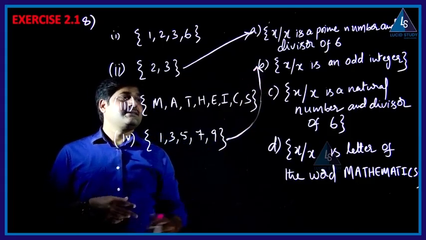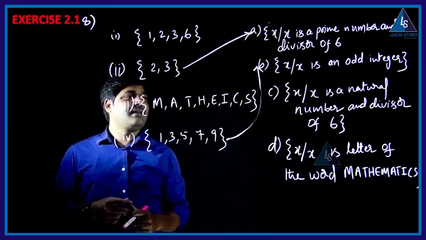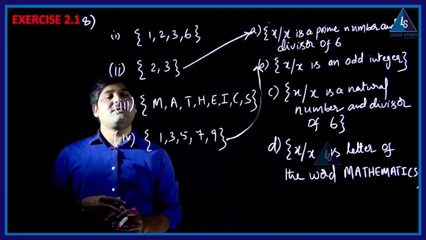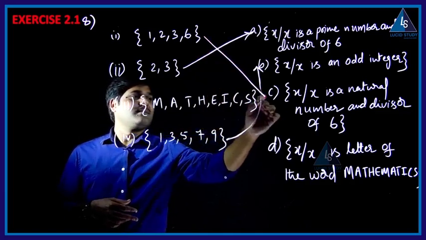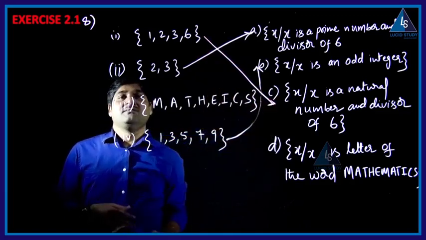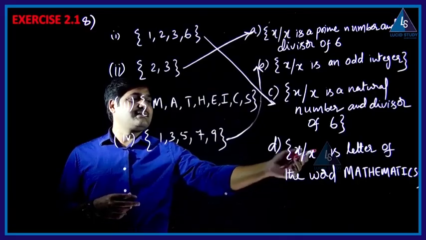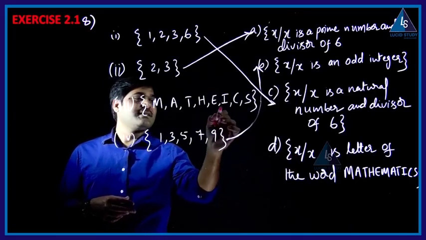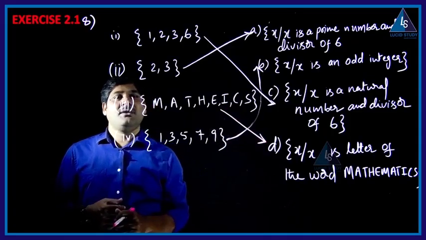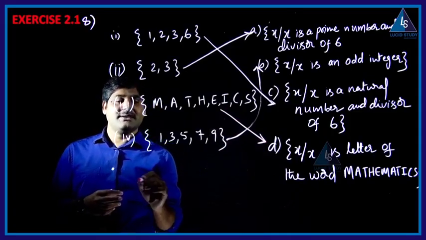Okay. Next, see the third one, x such that x is a natural number and a divisor of 6. So which one will match? The first one. Next, see x such that x is a letter in the word mathematics. So obviously these two will match. Right? I will write the matching once again.